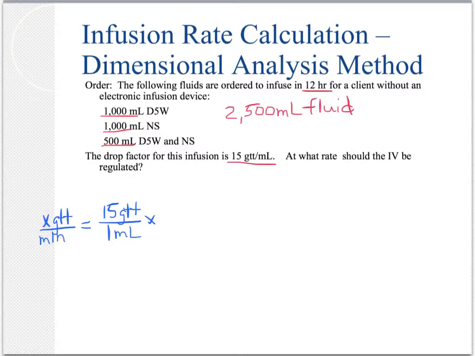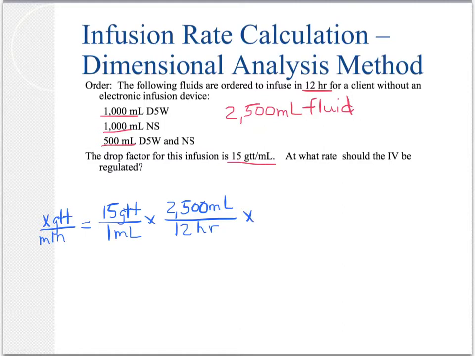We do not want our final answer to have milliliters in it, so we find a relevant ratio that will allow us to cancel the milliliters that are in the denominator. Looking at the problem, we see the total volume of 2,500 milliliters. We will use this in the numerator and since the volume must infuse in 12 hours, we can use 12 hours in the denominator.